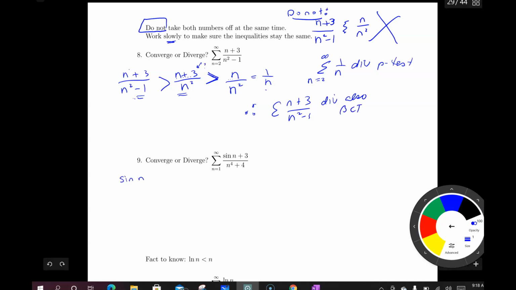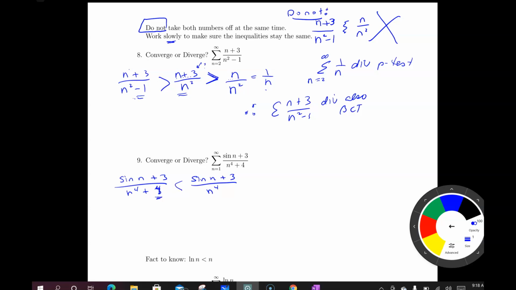So sine of n plus 3, n to the 4th, whoops, plus 4. Okay, so let's take off one thing. I'm going to start with the denominator. So sine of n plus 3 and n to the 4th. Okay, so which has more in the denominator? This has more in the denominator, so that's smaller.